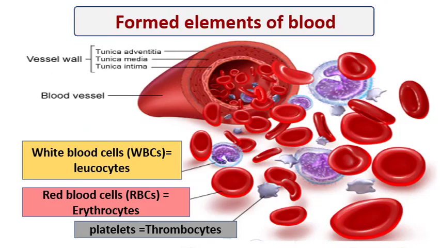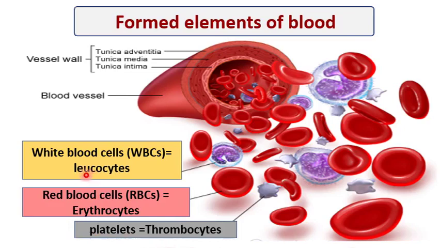The formed elements are all blood cells. We have white blood cells, WBCs, which are also named leukocytes. Red blood cells, RBCs, are also named erythrocytes. And platelets are also named thrombocytes.